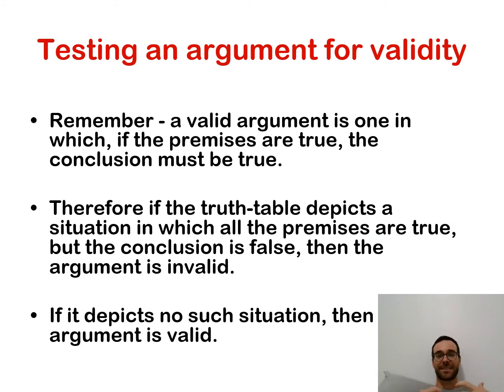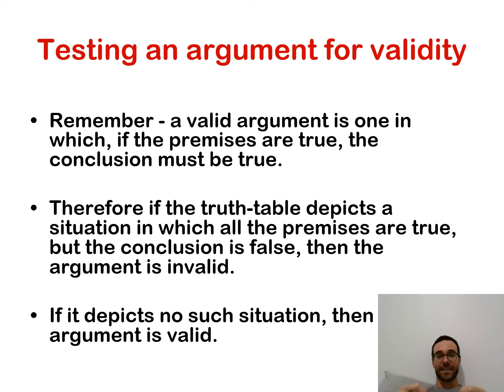Now, when it comes to testing for validity, remember, a valid argument is an argument in which the premises infer the conclusion. The conclusion is forced by the premises. So when we're determining the validity of an argument by looking at a truth table, we are looking for a combination in which the premises are true, but the conclusion is false.